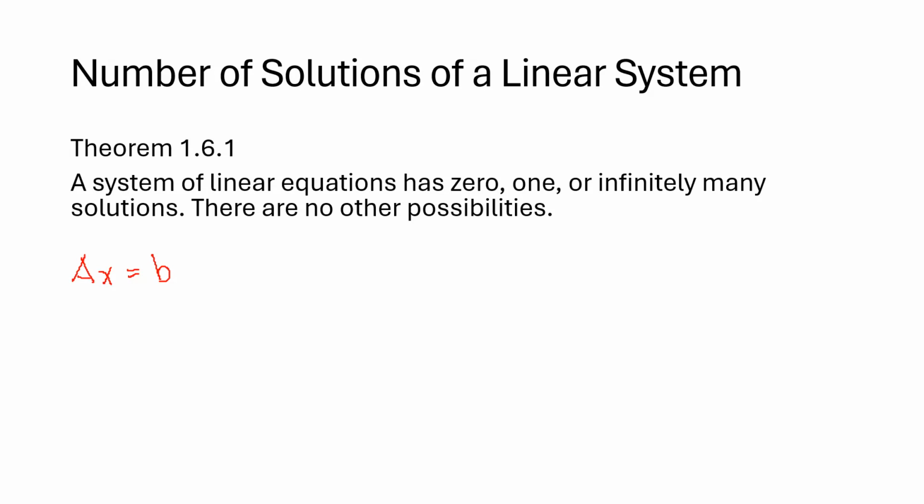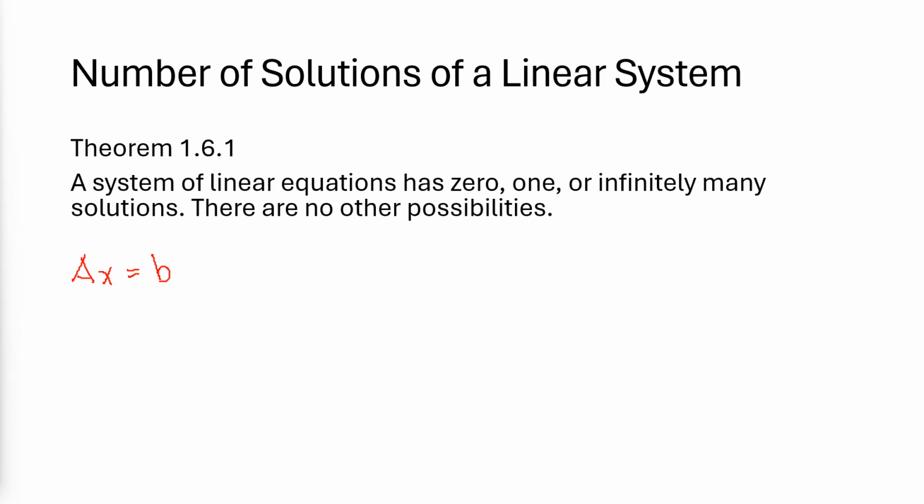Exactly one of the following is true: the system has no solution, or the system has exactly one solution, or the system has more than one solution. In this case, the proof will be complete if we can show that the system has infinitely many solutions in case 3.